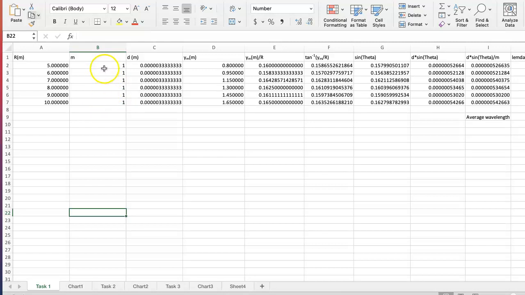D is the same. How we calculate D: it says 300 lines in 1 millimeter, so it is 0.001 divided by 300. And I'm going to measure Y for M equals 1 as I am changing the screen distance.